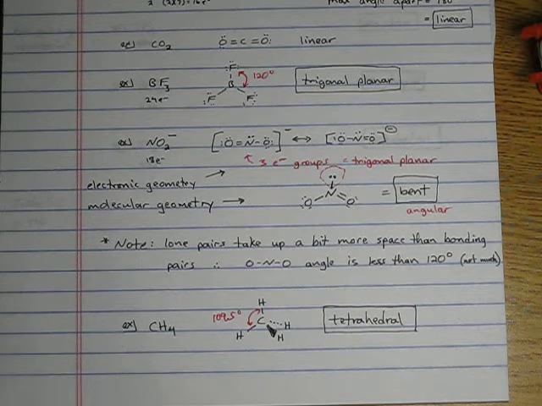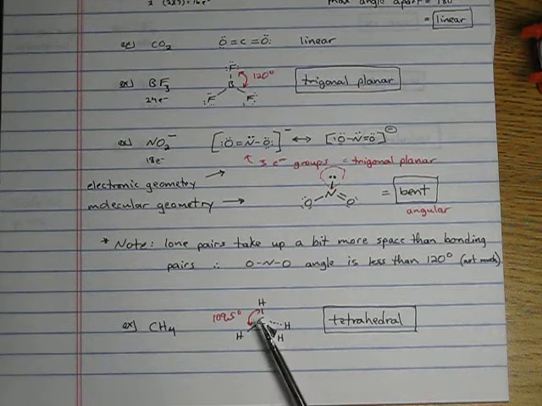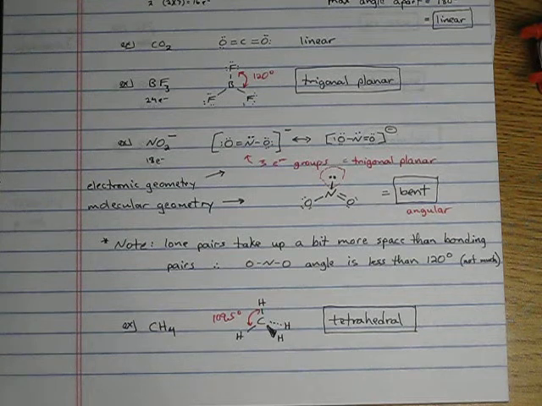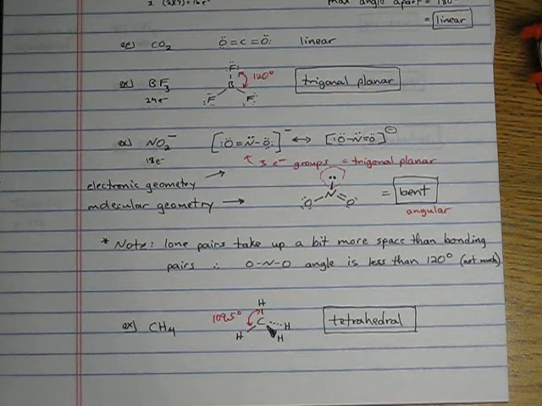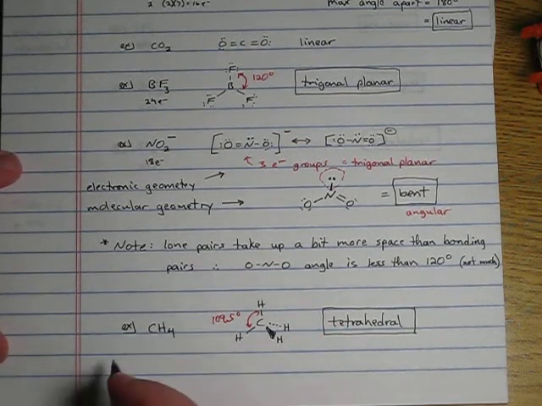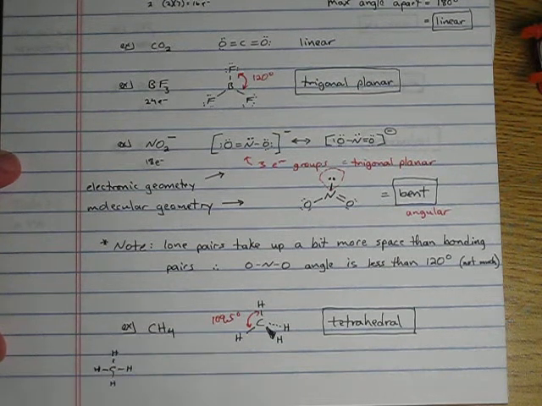Okay, let's look at our next molecule, CH4. We do the Lewis structure for CH4. We've got the central carbon, the four hydrogens around it, and what's the maximum distance they can get away from each other? Your first thought might have been to draw it, and I bet on paper when you drew CH4 you probably drew it like this, with the four hydrogens coming off like that.